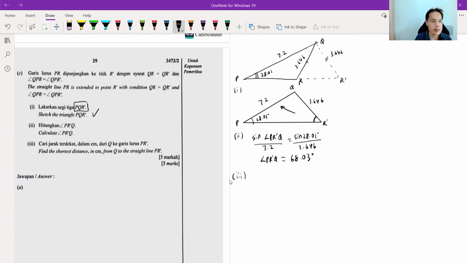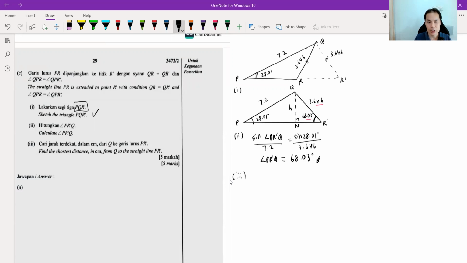All right, last one. We are finding the shortest distance from Q to straight line PR. Shortest distance is a perpendicular distance. So we can extend this down here and make this a right angle. Now, we already know this angle here, 68.03. You don't have to use a fancy sine rule or cosine rule to find the perpendicular distance. We can just use a simple trigonometric method, SOHCAHTOA, because we already know this angle and the length of the hypotenuse. This is a right angle triangle. You can call the perpendicular distance Qn if you like.